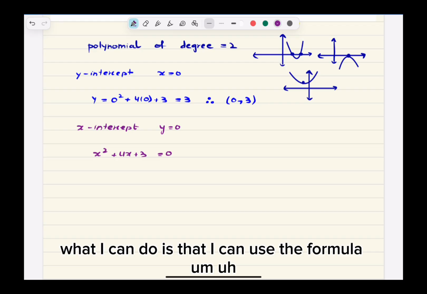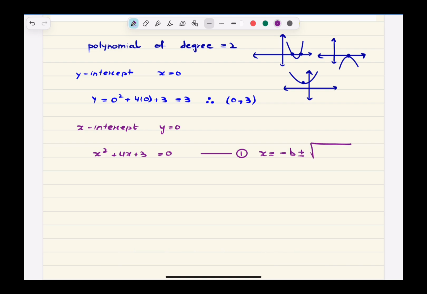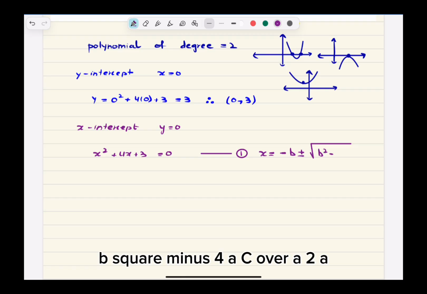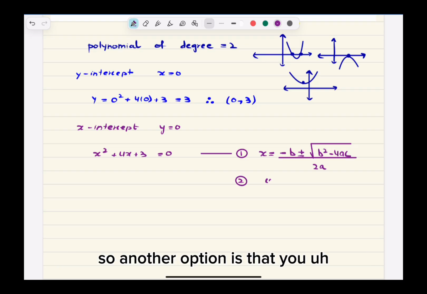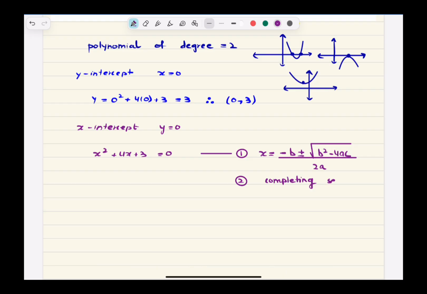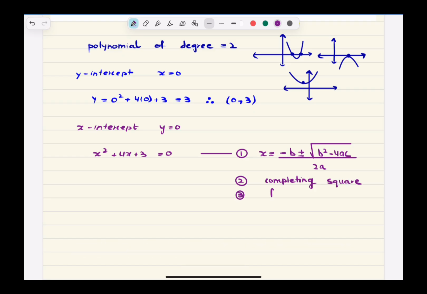I can use the formula, which is x equals minus b plus or minus the square root of b squared minus 4ac, all over 2a, which is actually derived from the completing the square method. Another option is to do the completing the square. And the third option for us is to simply factorize.